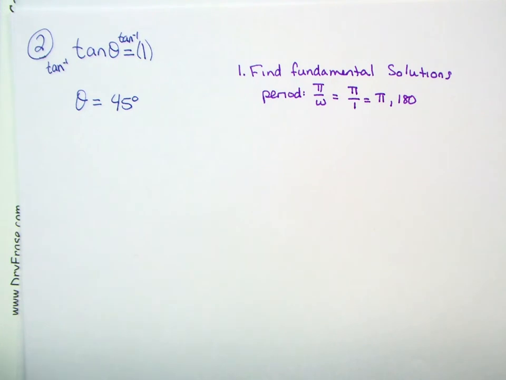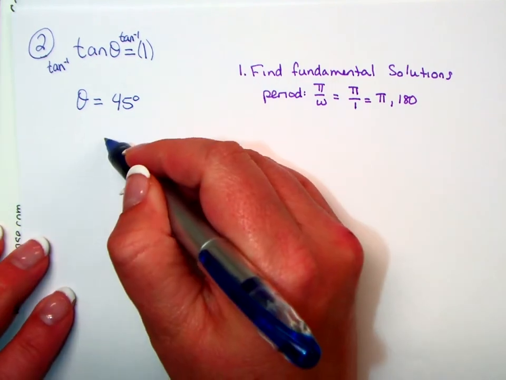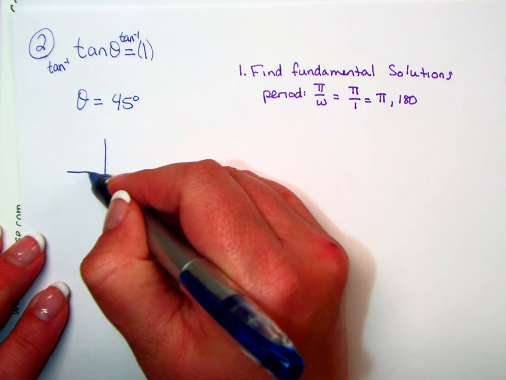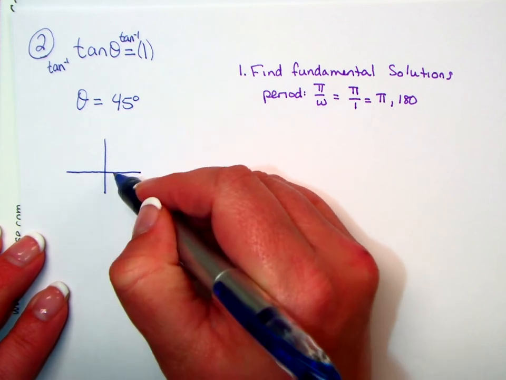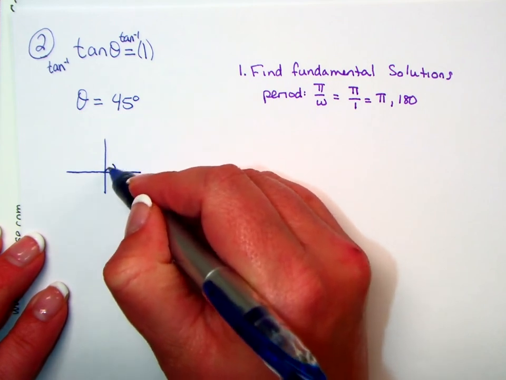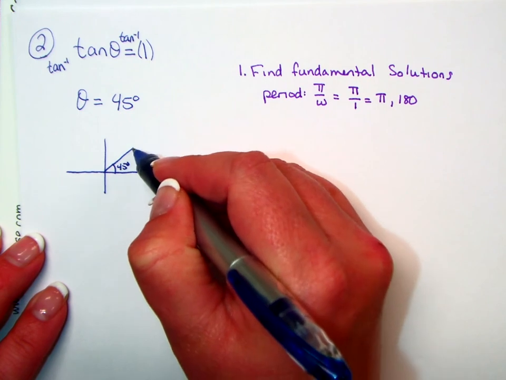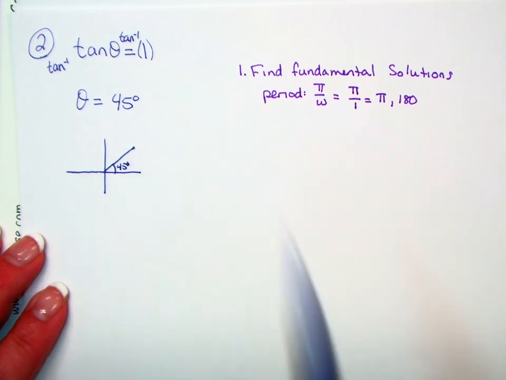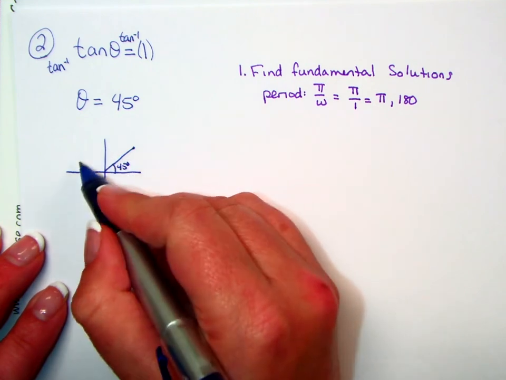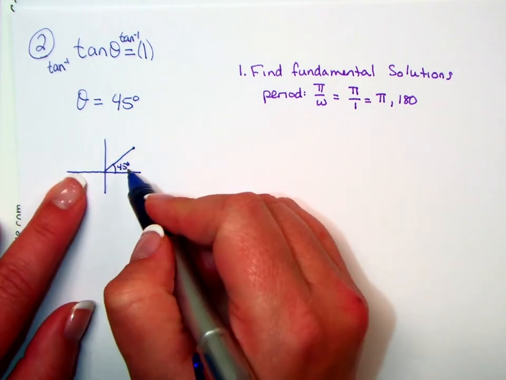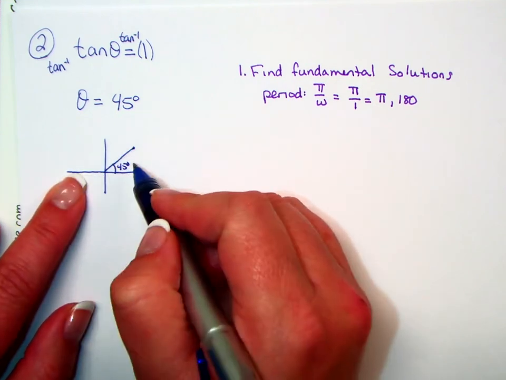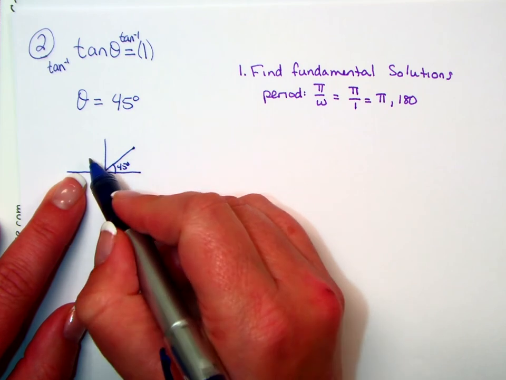Right? So if I look at the unit circle here, I have my first angle at 45 degrees. Okay, that's going to give me a tangent equal to 1, right? So from 0 to 180, in one fundamental period, that's answers in quadrant 1 and quadrant 2.